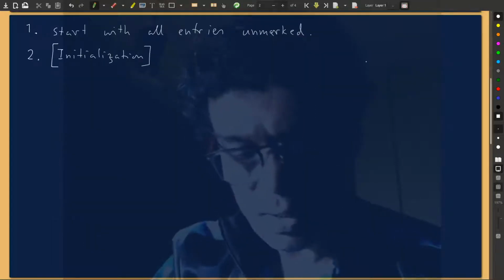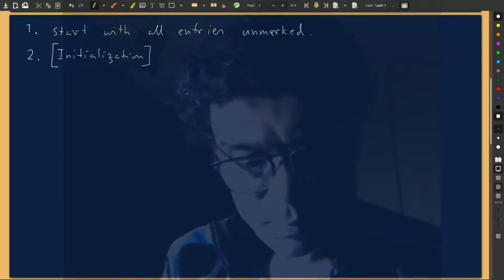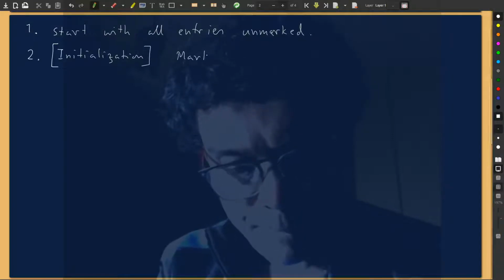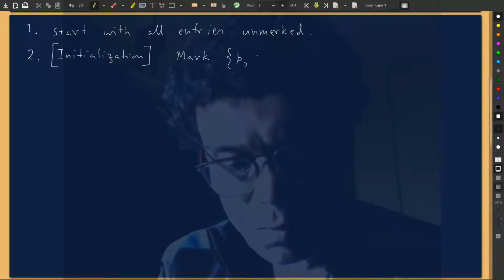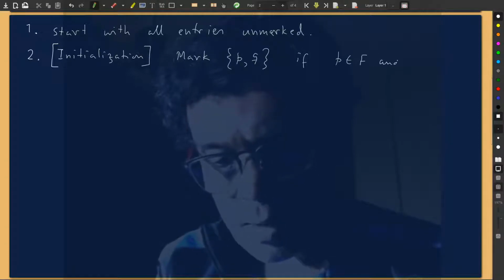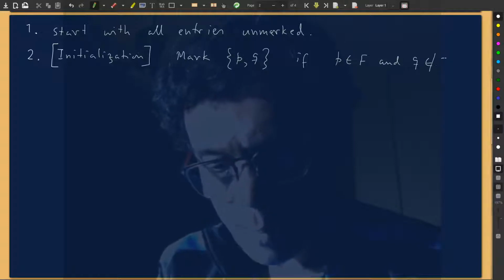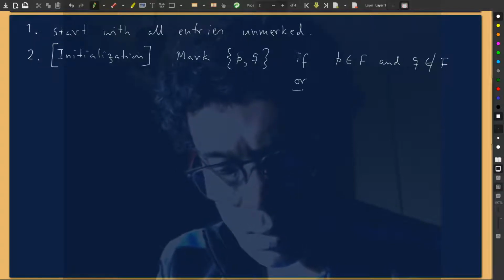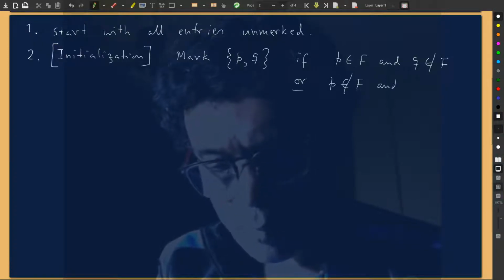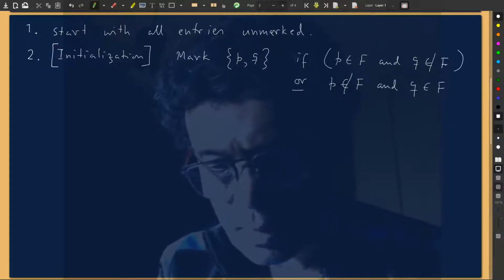So to start with, I will mark the unordered pair PQ if P is a final state and Q is not a final state, or P is not a final state and Q is a final state. So this is the initialization. With this we will start.